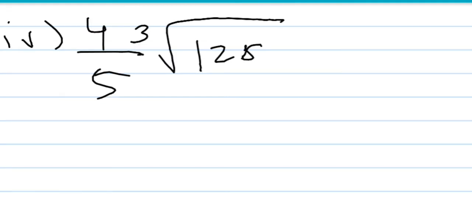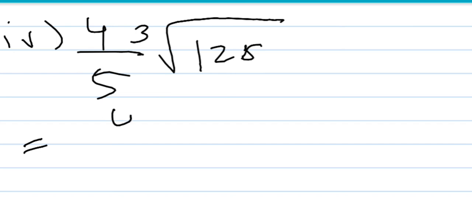So next question, number 4, is 4 divided by 5 into cube root 125. As usual, we're taking the factors of 125, and it will become 5 multiply 5 multiply 5.